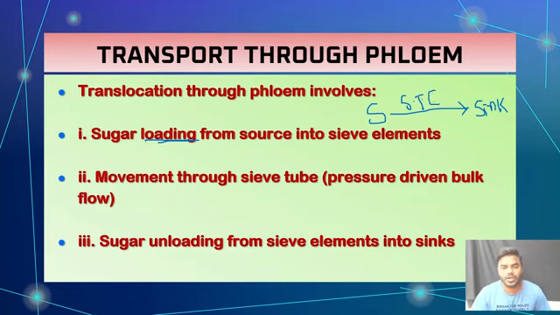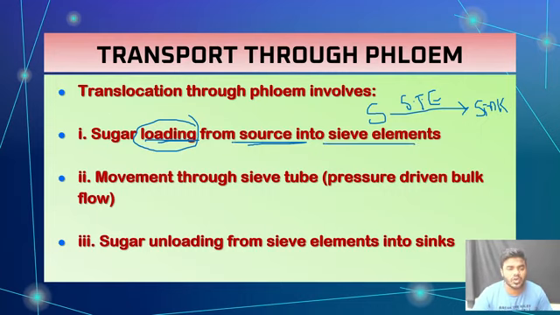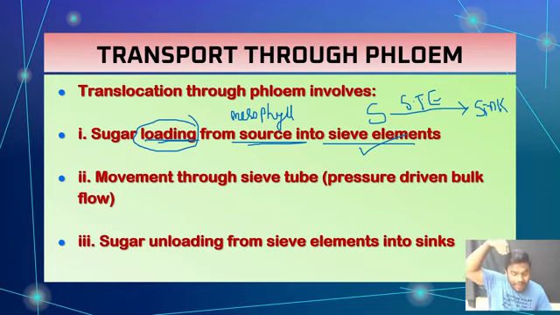We all commonly know that. So friends, first we are loading the sugar from the source into the sieve element. What is the source? We all know very well. The source is the mesophyll. So from the mesophyll cells, via the companion cell, we will load into the sieve elements. Once we load into the sieve element, what is happening, friends? Movement is occurring through the sieve tube. Inside the sieve tube, sugar has to be transported. Of course, I'm going to explain in the next slide how that movement occurs.